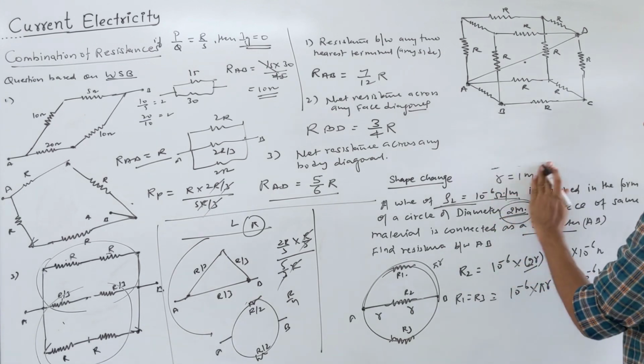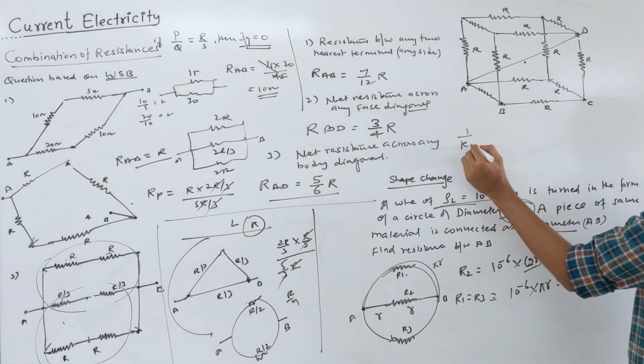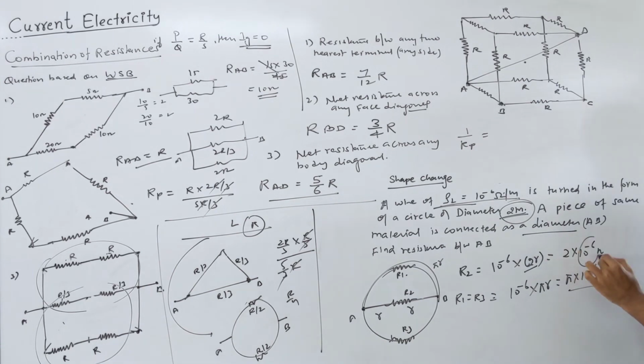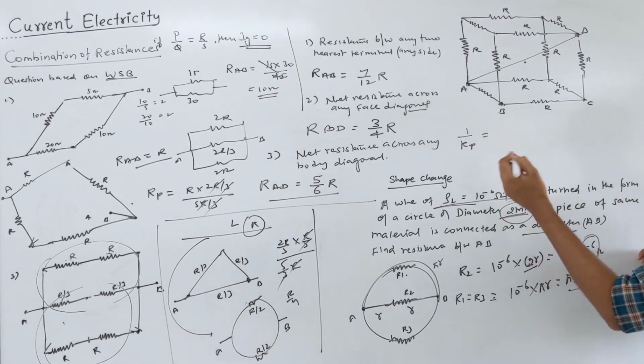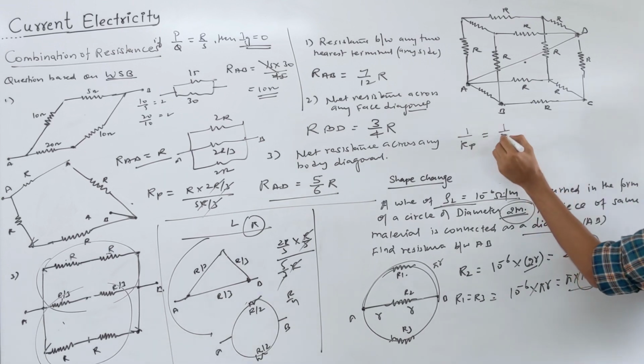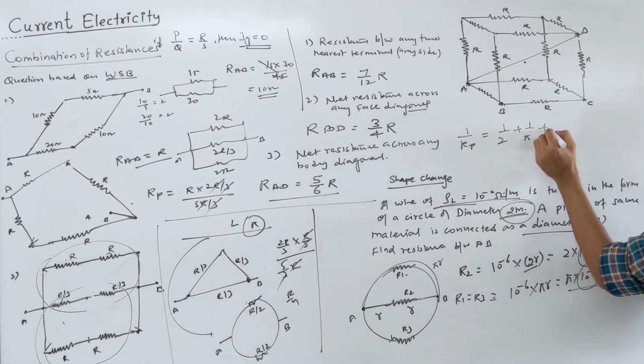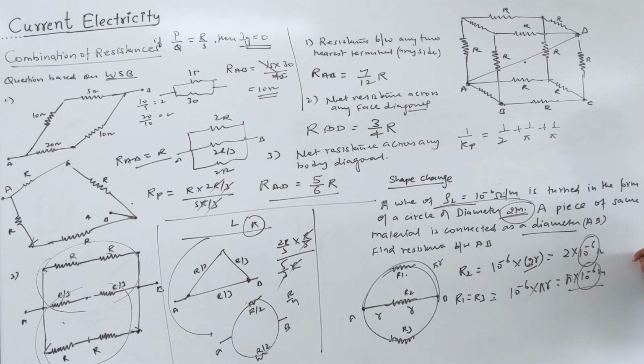Three resistances are connected in parallel, so I am finding the net resistance. 1 by Rp is equal to this 10 power minus 6. I am not writing it, I will write it later, at the end I can put it, so that the calculations are simple. So I am writing just 1 by 2 plus 1 by pi plus 1 by pi. Three resistances, okay, R1 and R3 are equal, this much, and this is your R2.